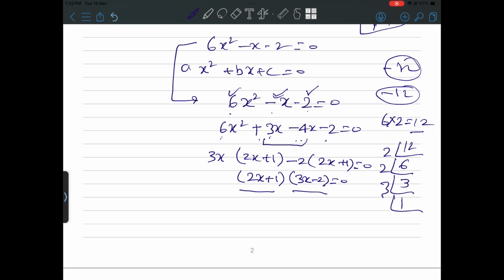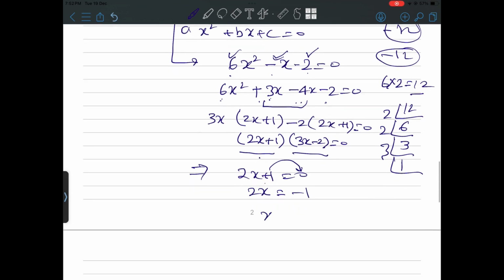It means that either this is 0 or this is 0, because 0 into something is 0. So let's assume this first term is 0. So 2x plus 1 is equal to 0. 2x is equal to minus 1, because this goes to the other side and becomes minus, and then x is equal to minus 1 by 2.